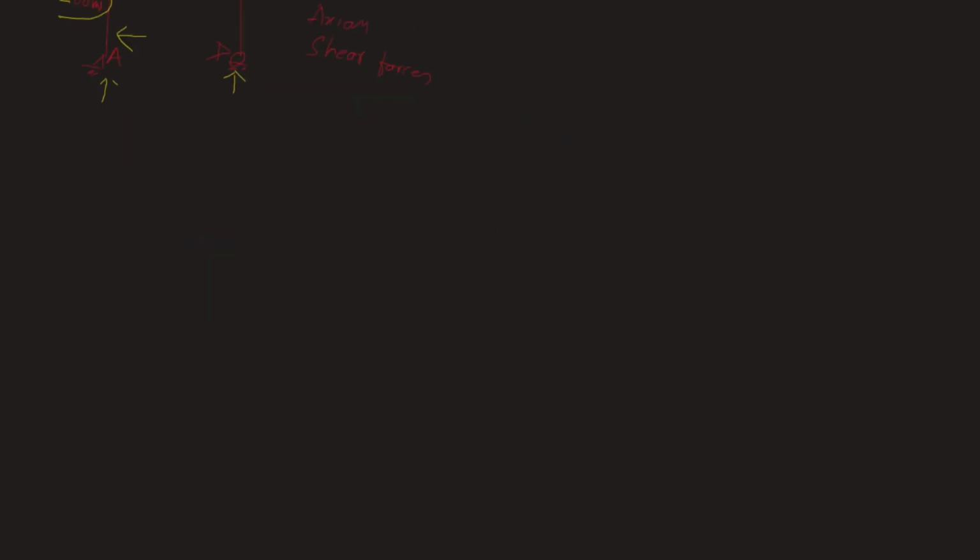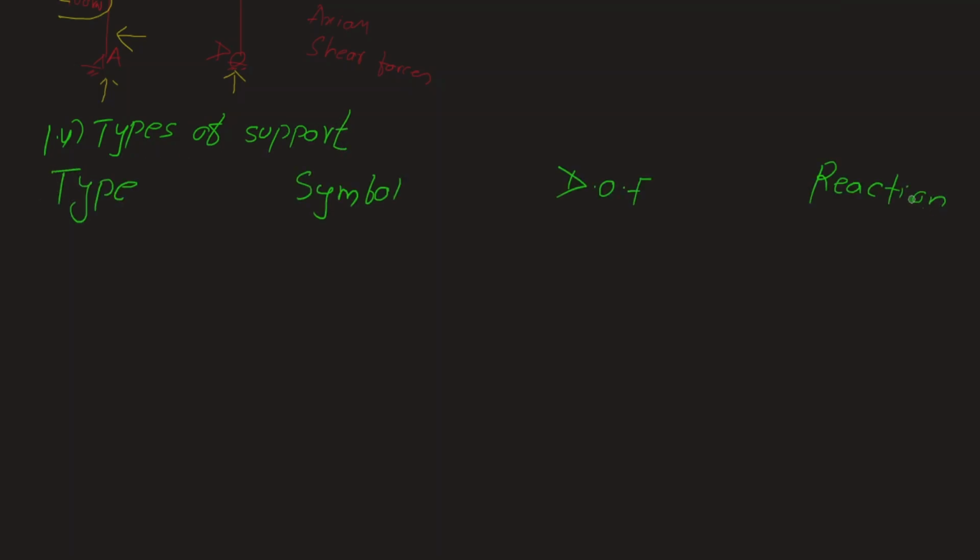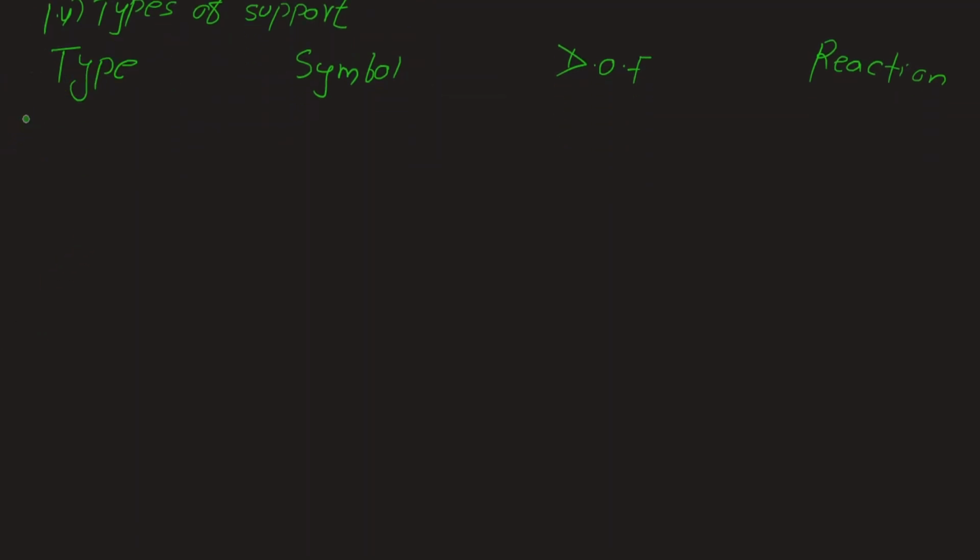Now let's move into types of supports. I'll quickly create a table for explaining the types of supports. The first type of support is roller, and it is represented by a circle on top of a surface, and sometimes by a triangle with two circles at its base.